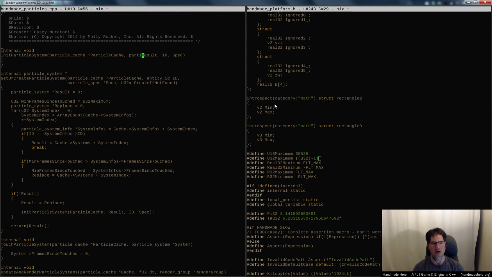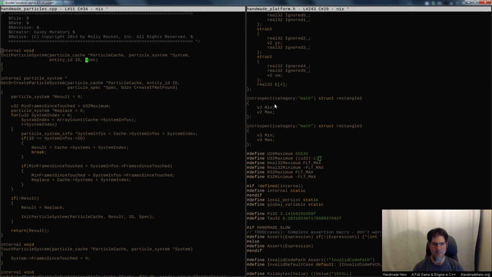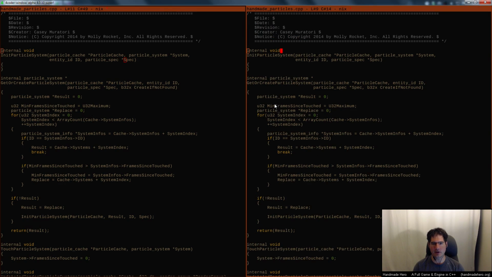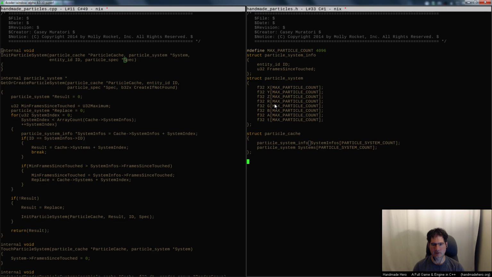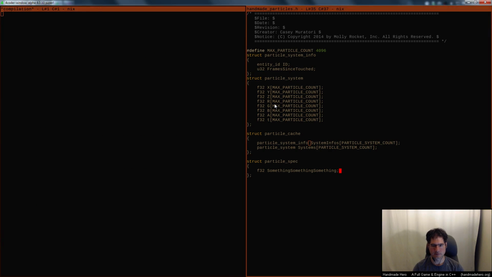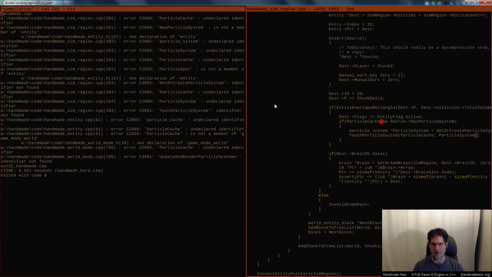But we'll find out soon enough. So here's the particle system, here's the entity ID, and here's the spec that we will use to actually implement it, right? For the moment, particle spec is just going to be empty. We don't know what it is, but we'll get to that later.